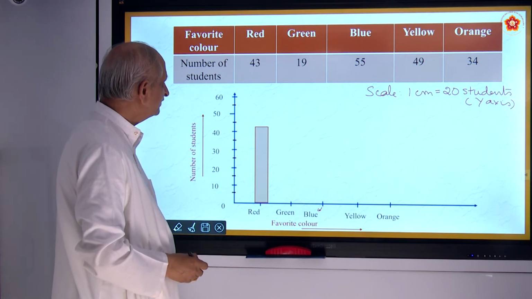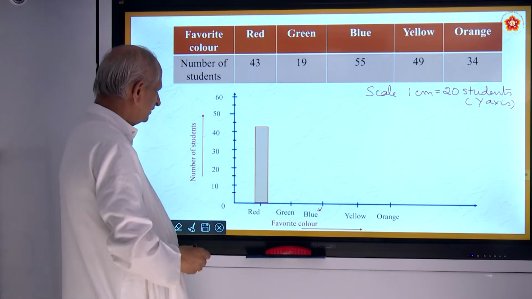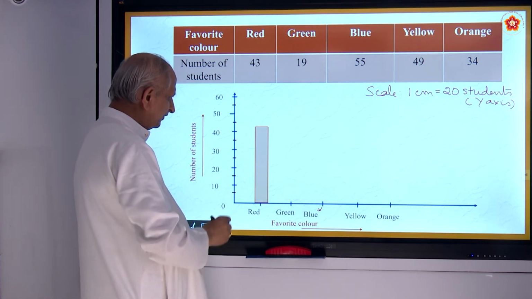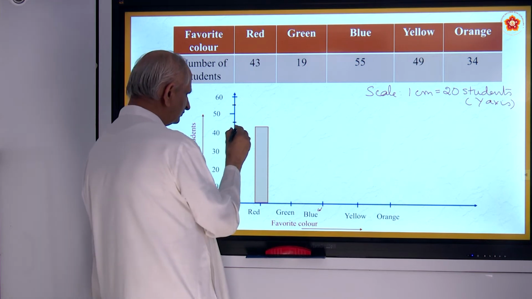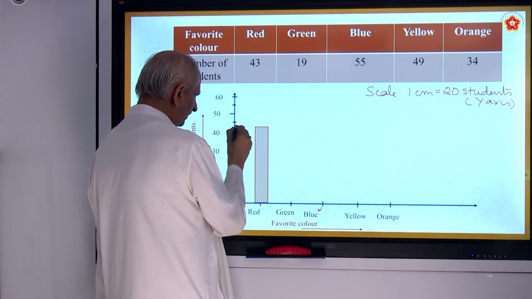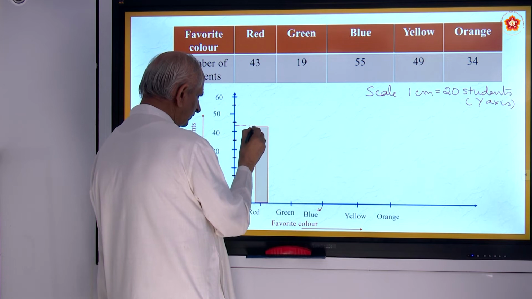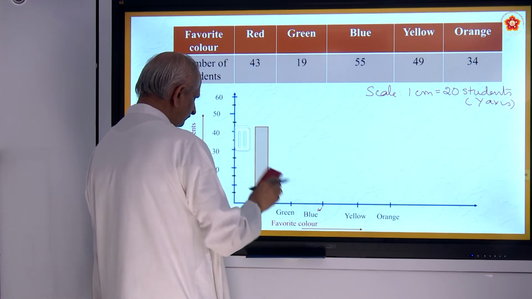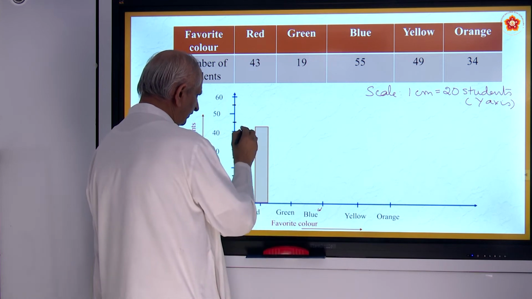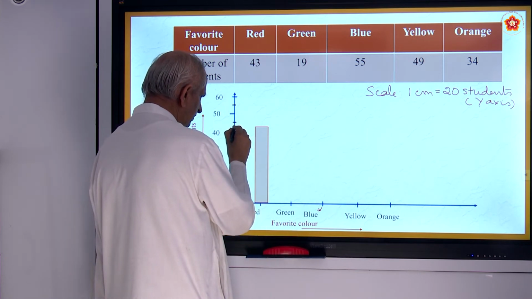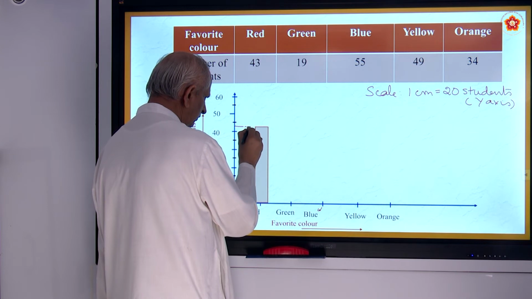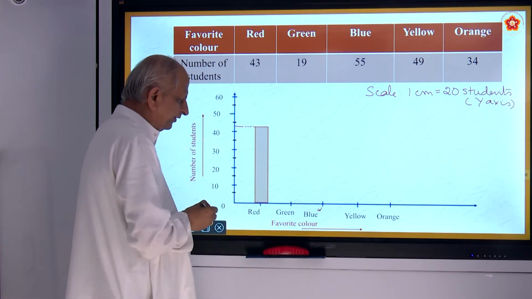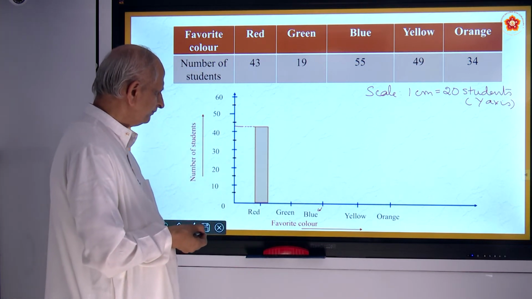So, first one is 43. Red color was preferred by 43 students. So, for 43 draw a line. Okay. So, 43 lies in between 40 and 45. So, draw a rough line before doing it.